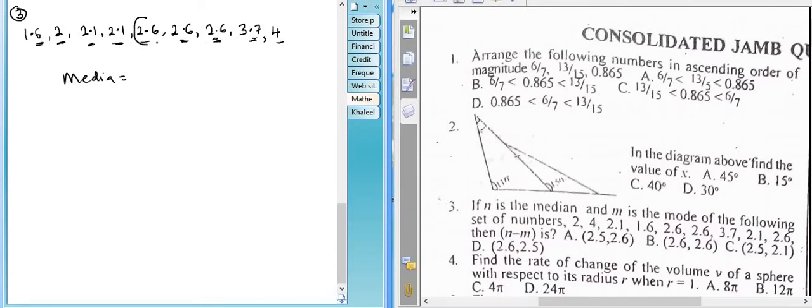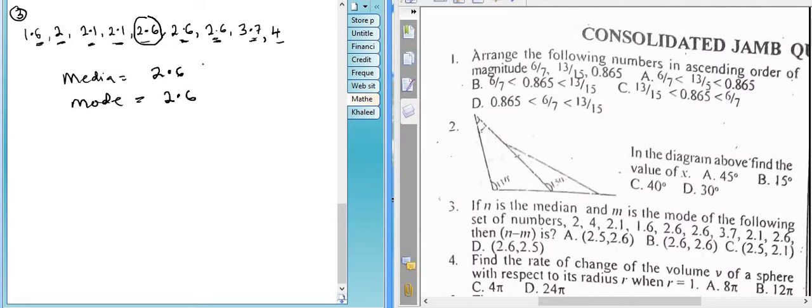So the number in the middle, that is the median, is going to give me 2.6. Okay, now we want to find the mode. The mode is the most frequent number. So the most frequent number in this set of numbers is 2.6.